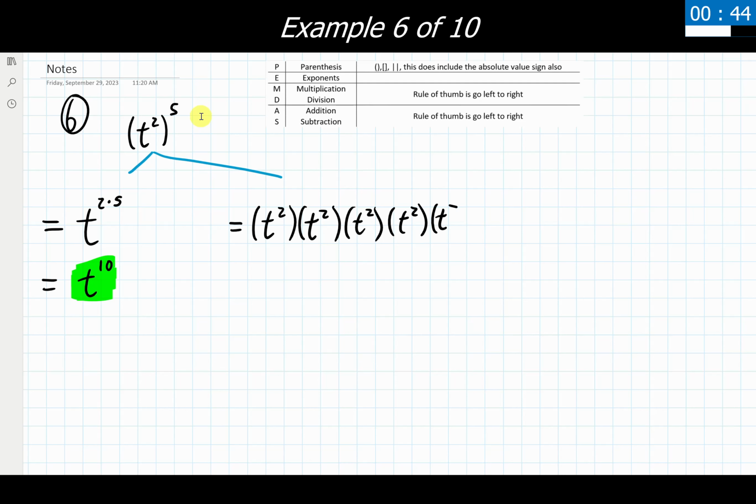And now I could apply the product rule, which states that if the bases are the same and multiplying together, which is what they are doing, parentheses next to each other denotes multiplication, then I can add the exponents together: 2, 4, 6, 8, 10, and I get t to the 10th power either way.